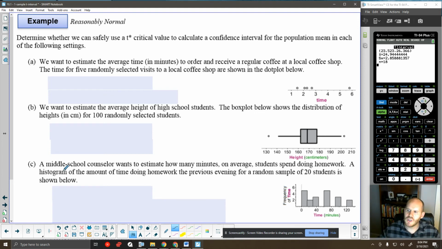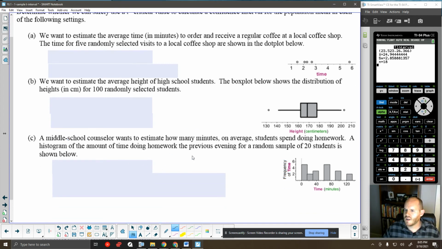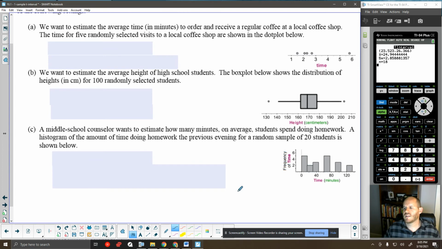So I'm looking for, again, either I meet this large sample condition, sample size more than 30, or the absence of strong skewness and outliers. So I'm going to give you a moment to look at these 3 questions. And based on these observations, I want you to tell me whether or not you believe it is safe to use T procedures. So take a moment, pause this video, and test your thinking on these 3 questions.